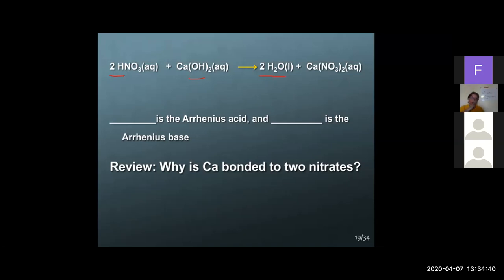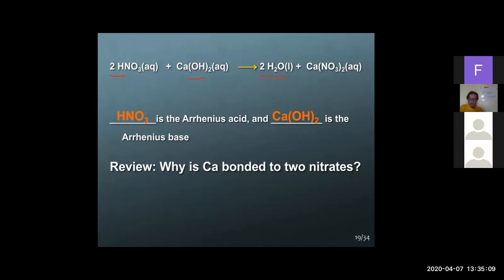Okay. And then the corresponding salt, in this case, calcium nitrate. So in this case, they're asking you, who is the Arrhenius acid? That would be nitric acid, because the Arrhenius acid is anything that produces the proton. That proton came from nitric acid. Therefore, calcium hydroxide must be the Arrhenius base. And asking you here, why is calcium bonded to nitrates?